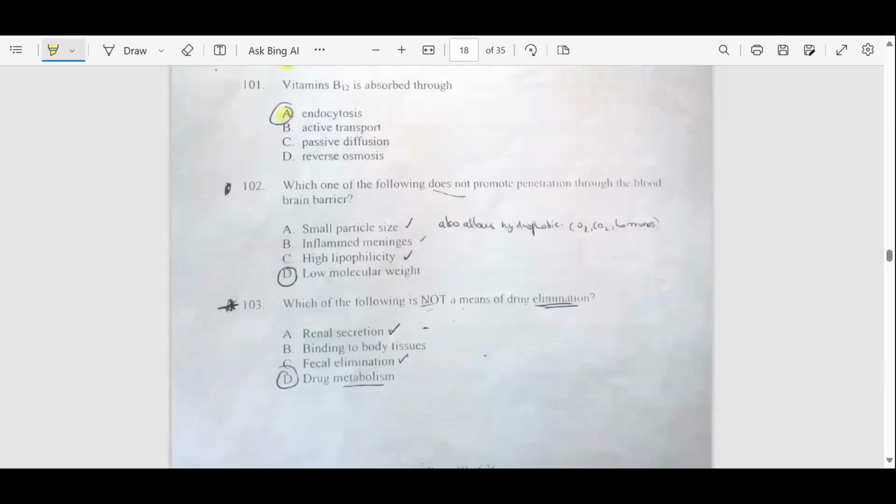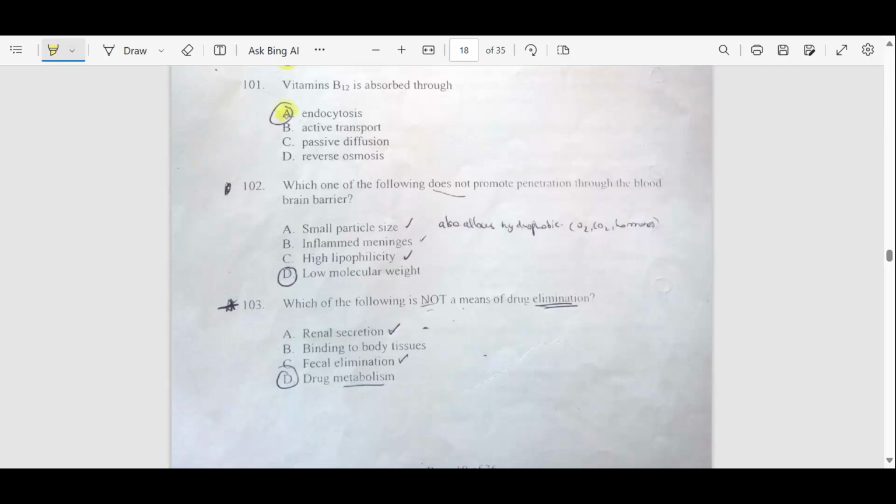What is the other name of vitamin B12? Anyone? Div is saying it is absorbed through the distal ileum through receptor cell mediated endocytosis. So the other name of vitamin B12 is cobalamin.